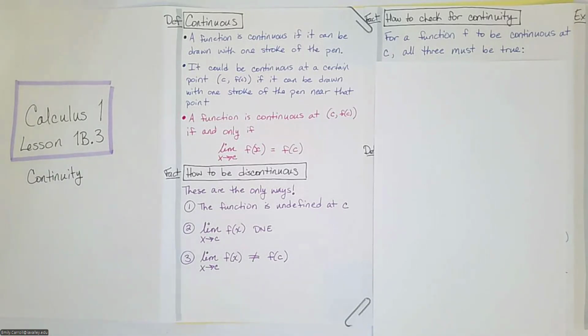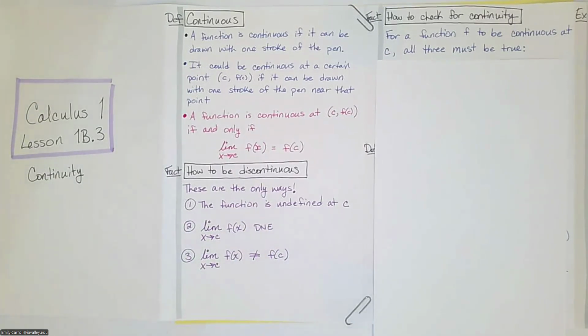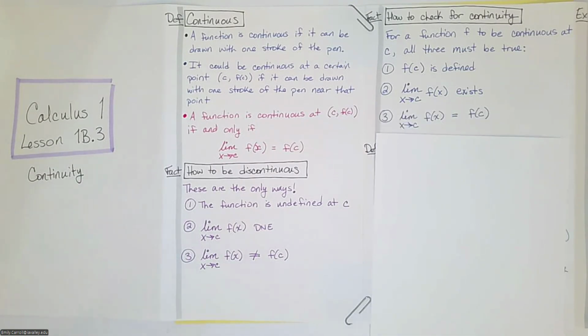Well, imagine saying the opposite of these things, the opposite of how to be discontinuous. You need f of c to be defined. You need the limit as x approaches c of f of x to exist, and it needs to agree with the function value. I guess we're getting a bonus lesson in logic today.